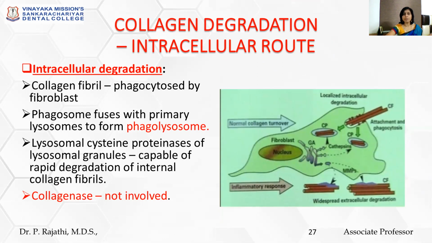So the phagosome fuses with primary lysosome to form phagolysosome. First is engulfment of the collagen fibril, which forms a phagosome. That engulfed thing you call a phagosome. Along with that, the lysosomal granules present within the fibroblast will fuse. Now phagosome plus lysosome, you call it phagolysosome.